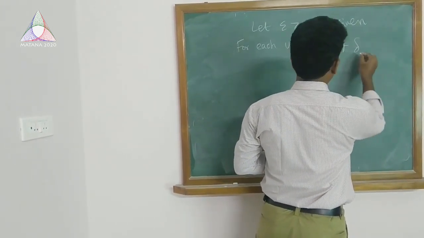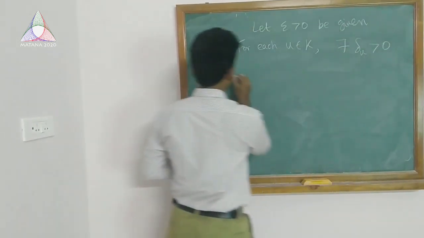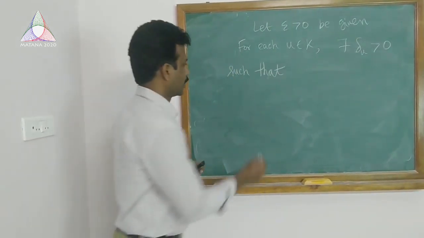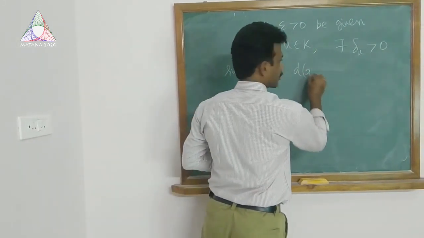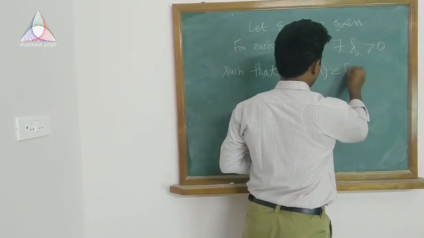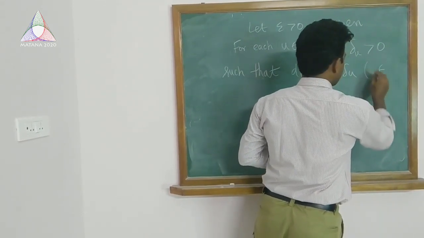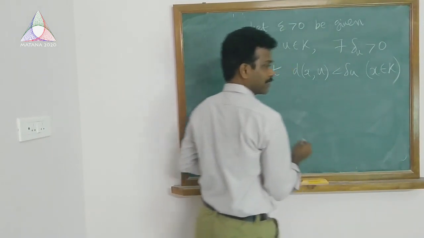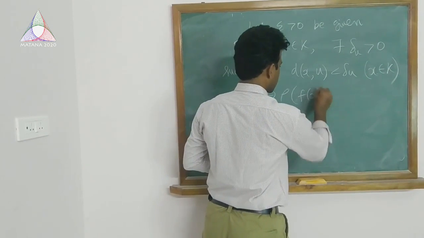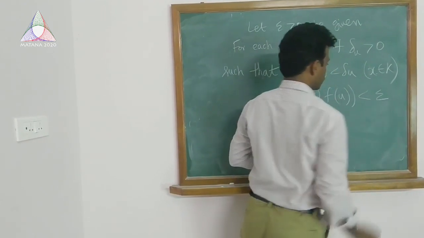Delta is depending on epsilon as well as u, so I write: there exists delta sub u greater than 0 such that d of x, u less than delta u, where u is in K and x is in K, implies rho of f of x, f of u is less than epsilon.